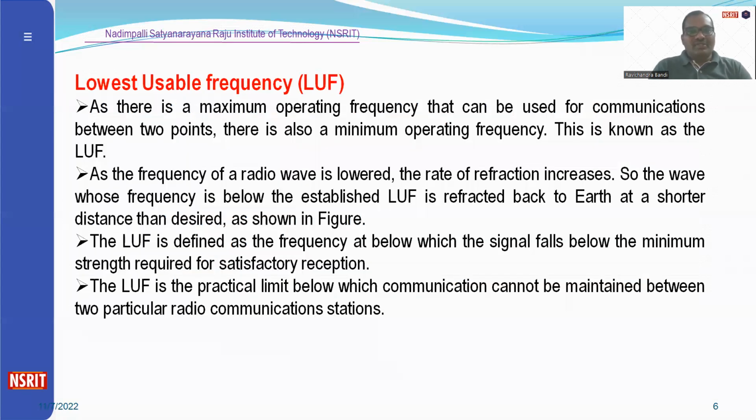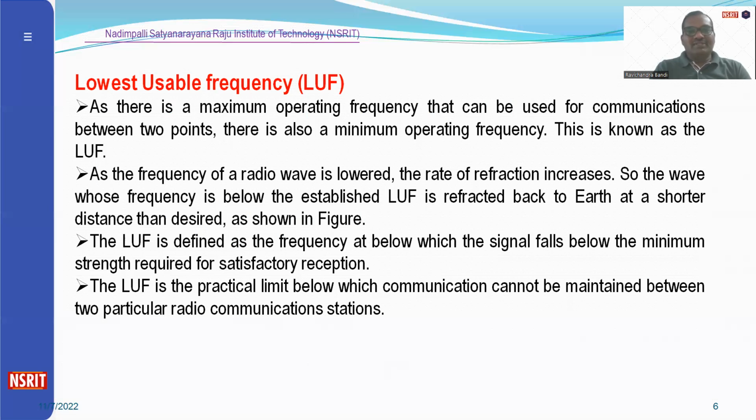Next, lowest usable frequency. As there is a maximum operating frequency that can be used for communication between two points, there is also a minimum operating frequency. This is known as the LUF, lowest usable frequency. As the frequency of radio waves is lowered, the rate of refraction increases. So a wave whose frequency is below the established LUF is refracted back to the earth at a shorter distance than desired.